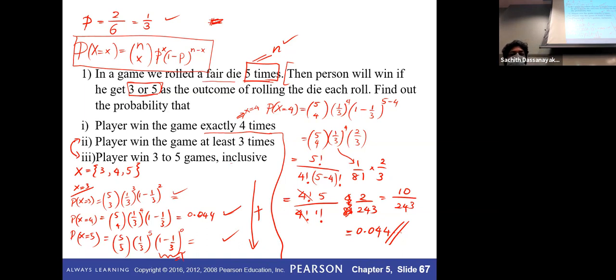I don't know whether you see or not, but I already uploaded a table. We call it the binomial table, on the blackboard under chapter 5. But the problem is, in that table we have a limited number of n values. I think up to n equal 5, something like that.